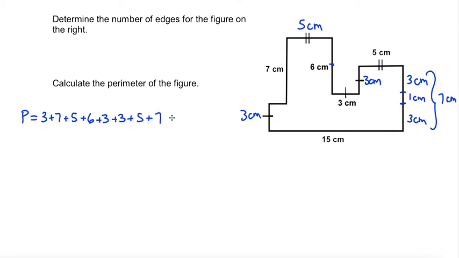So plus 7 plus 15. And then just take a look at adding that up, either using mental math skills or by putting it into your calculator. And you get an answer of 54, and my units are centimeters.